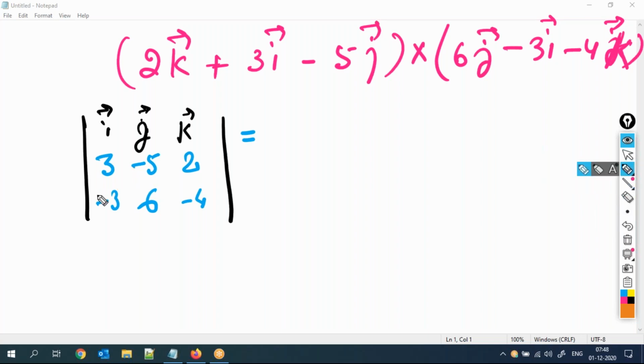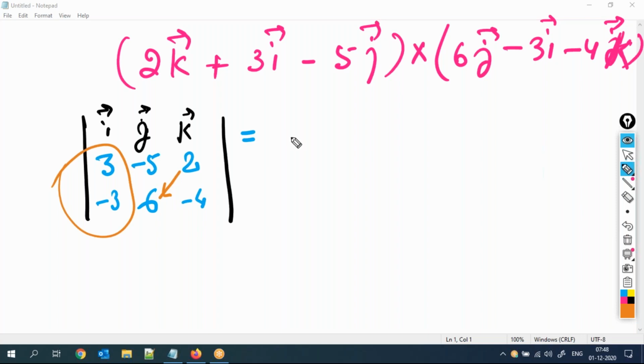Okay, so let us try. For I, how much will it be? For I, we have to leave this, because I dot I is 0. So tell me, first we will do this. 12, and then we'll put a minus sign on it. Minus 12 and then plus 20.